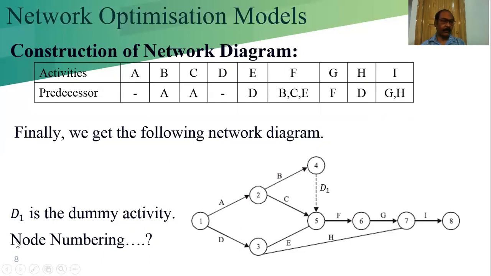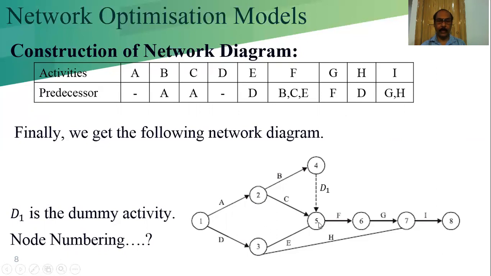This is now the node numbering. How we can number the nodes by using the Fulkerson's law. That is called the Ford-Fulkerson's law. Start 1 will be the one start node. Then the successor nodes will be increased by 1, so 2 and 3 we can give.